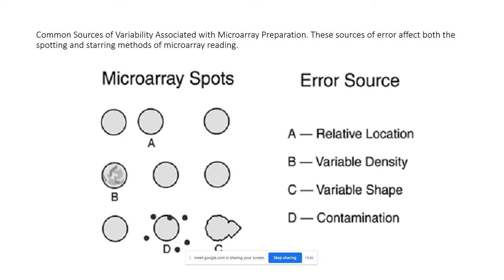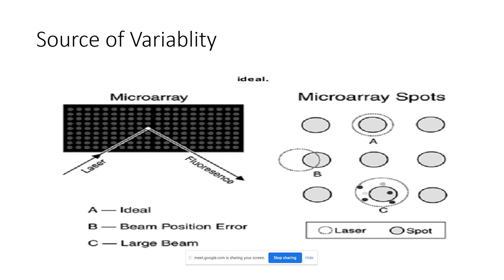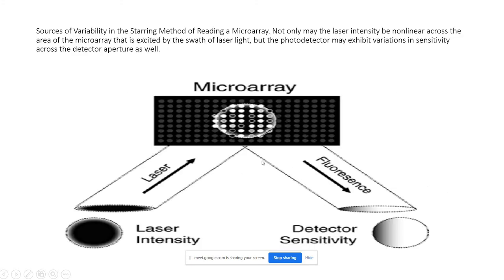Till now we have been talking about errors in the procedure. This is procedural error: the laser beam cannot be focused on the spots. Our spots are healthy, but there is an error in our method or technology. Here also, this is the error of the photodetector.